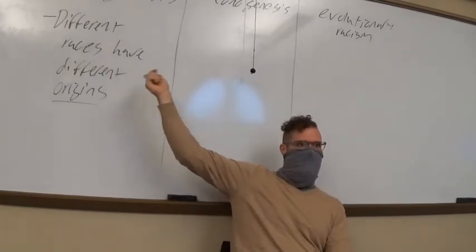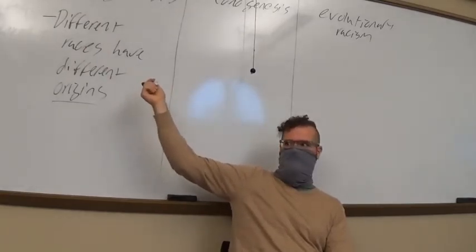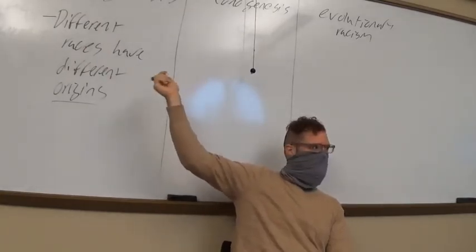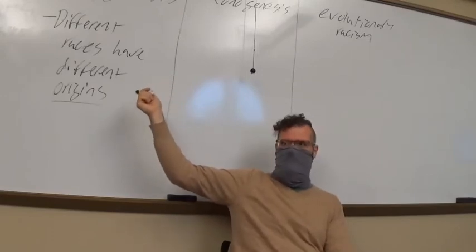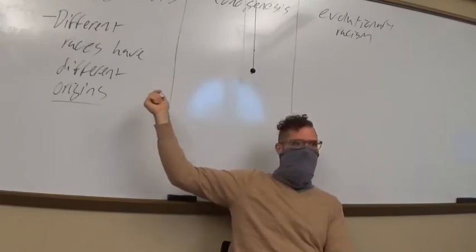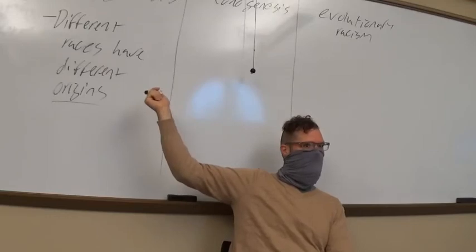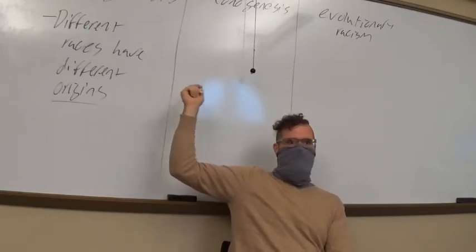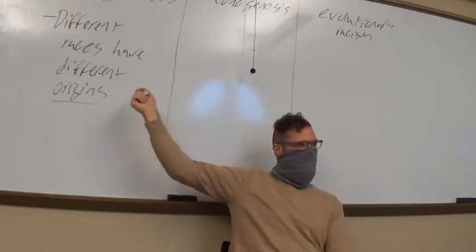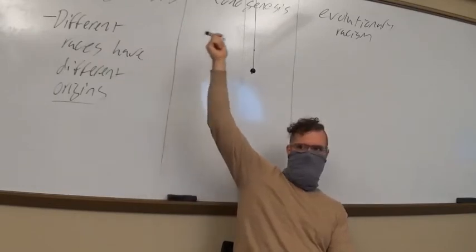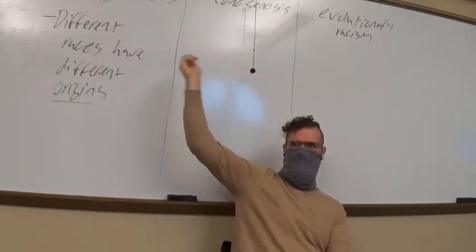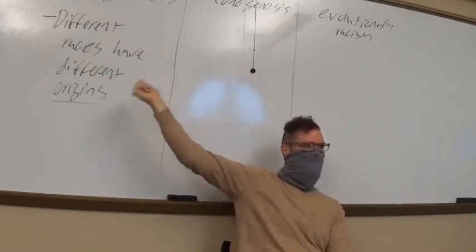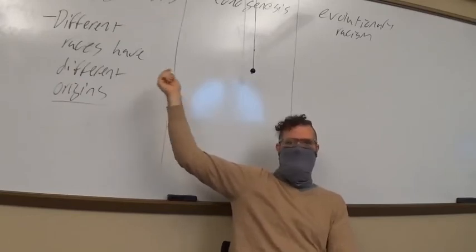Initially, one of the problems with polygenesis is that different church bodies come out really strongly against it and declare it heretical as an idea. That's true early on, but later on polygenesis actually becomes something promoted by a lot of church groups.